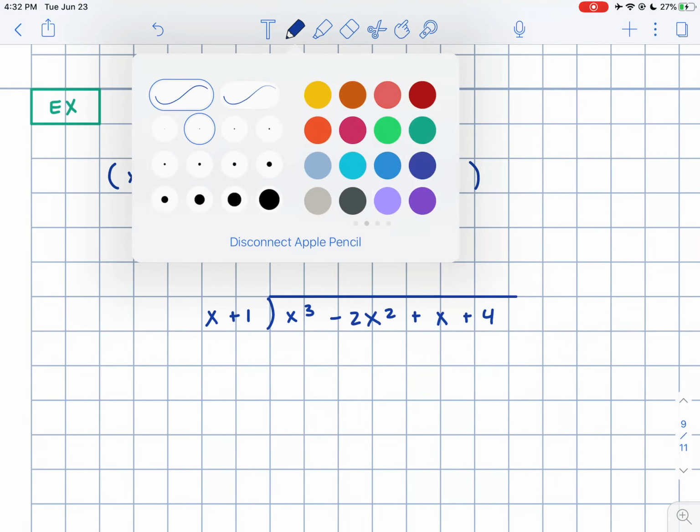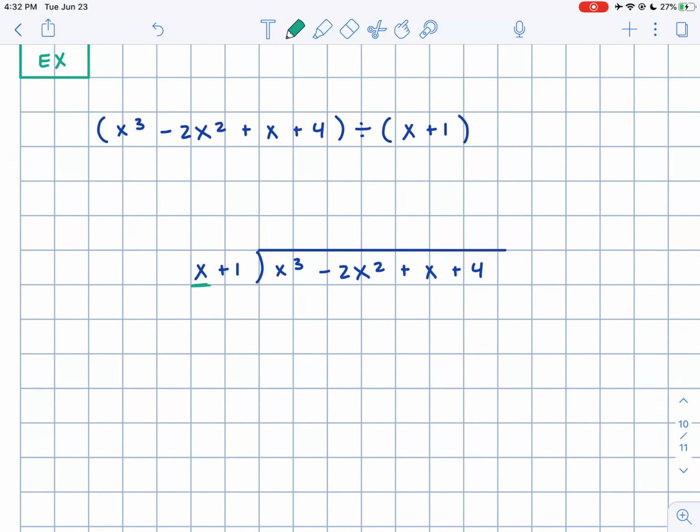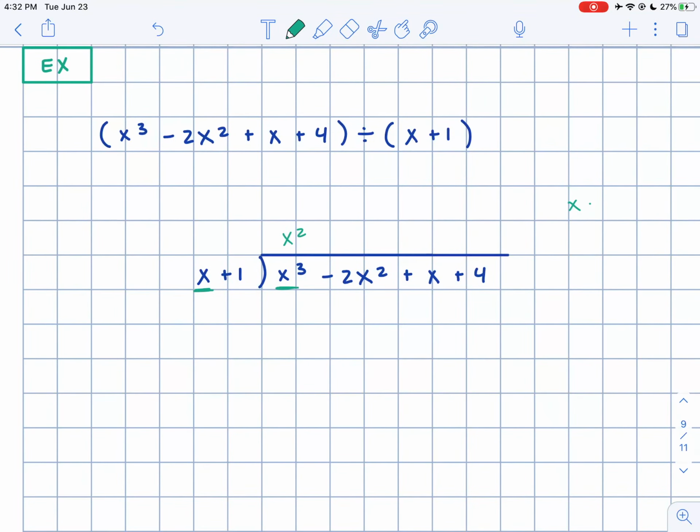Okay. So now, again, let's focus on this x. How many times does x go into x cubed? Or x times what gives us x cubed? We know that's x squared. How do we know that? Because x times x squared, which is just x times x times x, you see that we get x cubed.